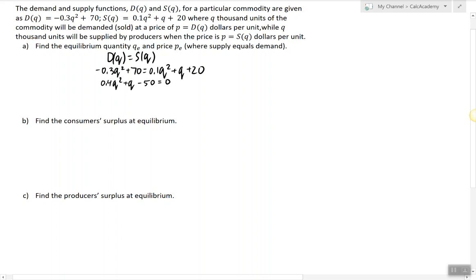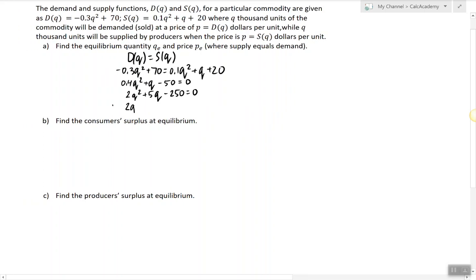So I'm going to divide both sides by 0.2. And this can be factored into (2q plus 25) times (q minus 10).